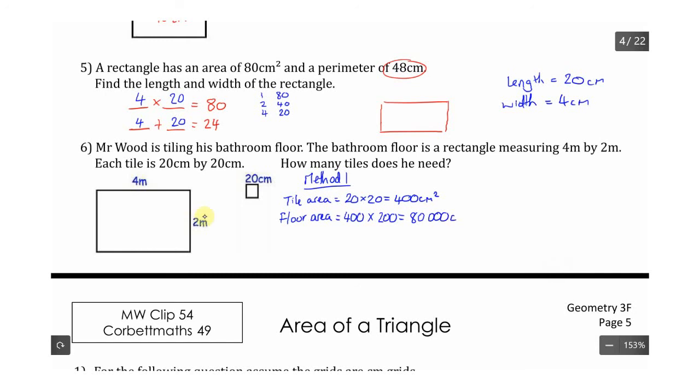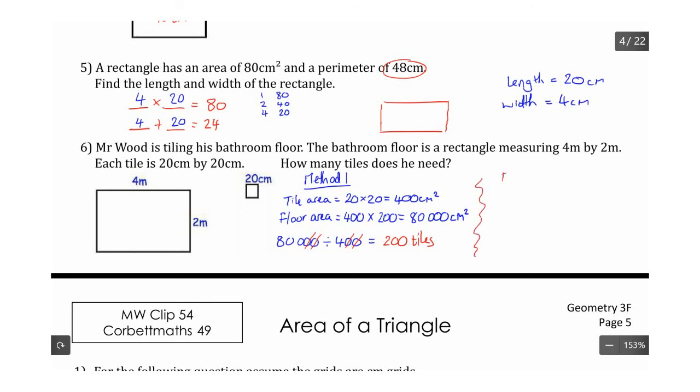So that is an area of 80,000 square centimeters, and then I'm going to divide 80,000 by 400 to see how many tiles I need. Okay, so I can cancel off a couple of zeros there that are common to both numerator and denominator in that division. So it's the same as doing 800 divided by 4, and that gives me 200. So I need 200 tiles. So that's the first way to do it.